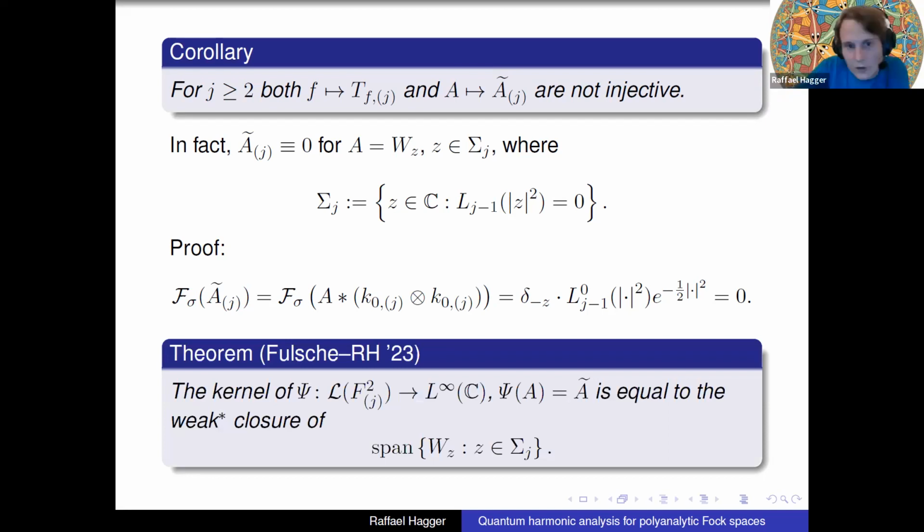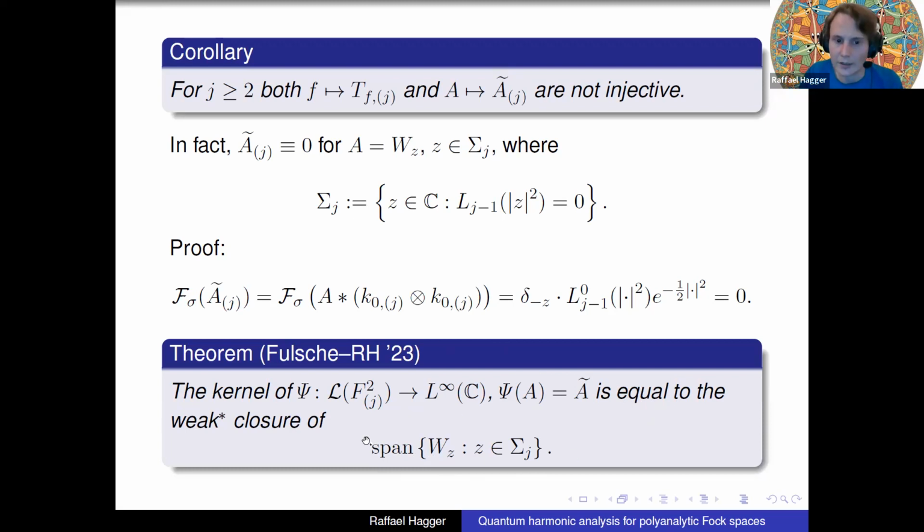And so we've just shown that the Bayesian transform of these Weyl operators is 0, and in fact, this is everything. So this is in the kernel. You need some more harmonic analysis that I won't show you now, but in fact, this gets you everything. So if you take the weak star closure of the span of all these, that's exactly the kernel of the Bayesian transform.